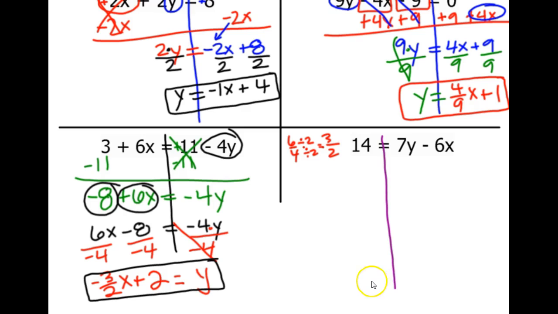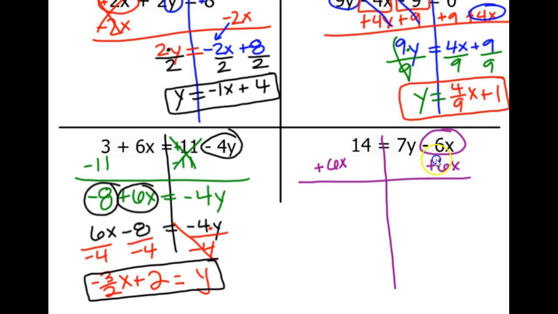I want you to try this one on your own and then check to see if it's right. If I move my x's over to the other side, I'm going to add 6x. Let me erase this part. I wrote it off to the side a little bit because I can't combine the x's with the number, so it's just 6x plus 14 equals 7y.